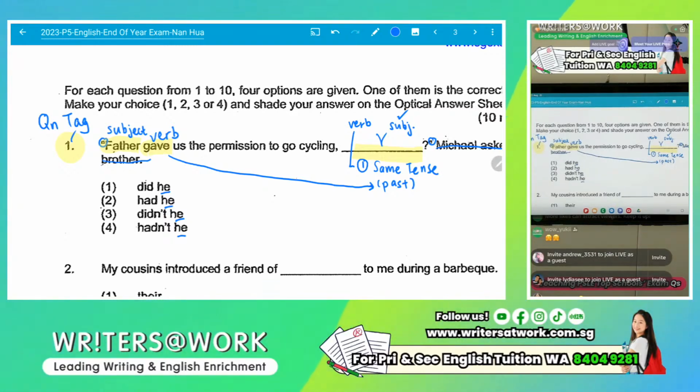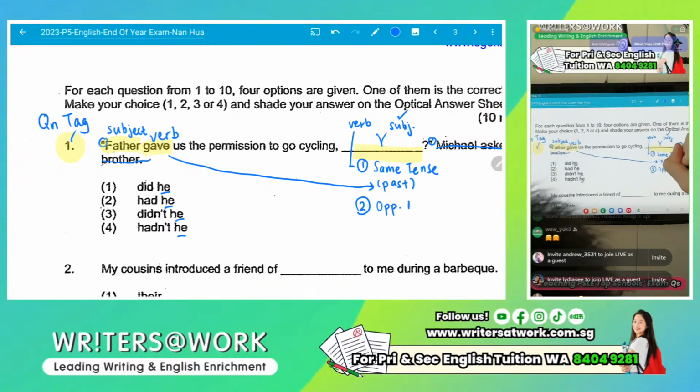However, your work is not done. You still have one more step to follow along. Second rule you need to follow, it must be the opposing action. What do I mean by opposing action over here?